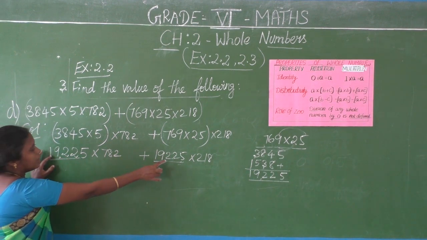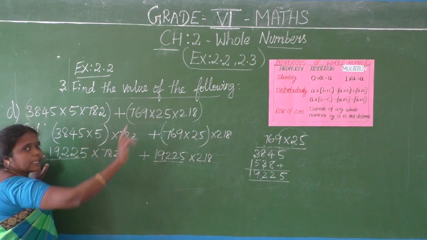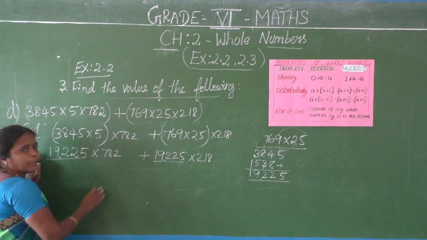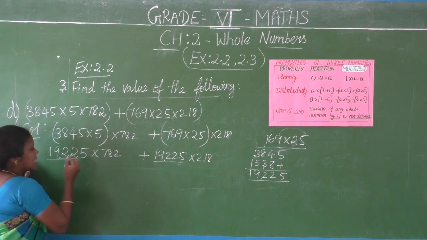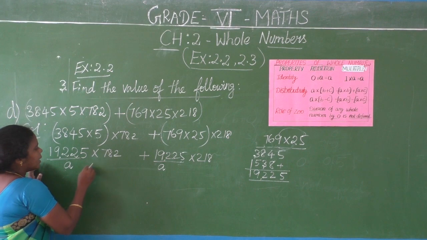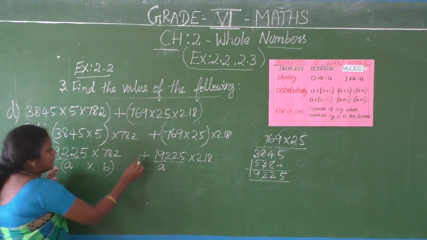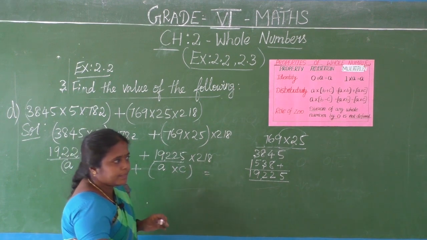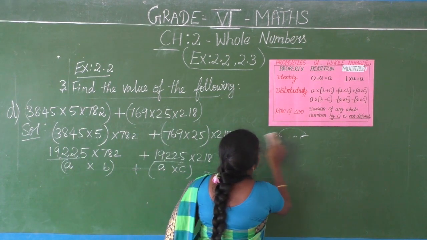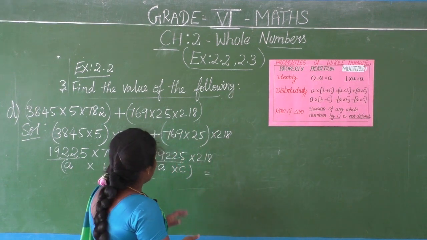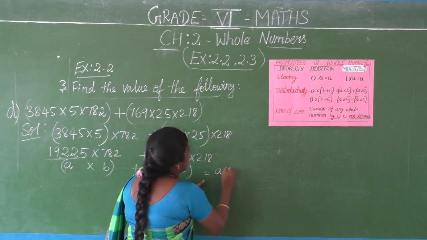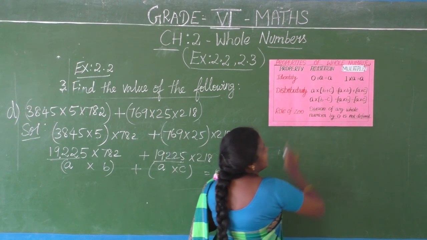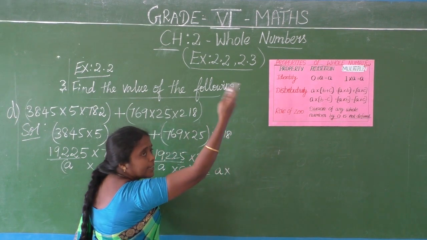Now see, here in the formula A only coming 2 times. Likewise, in our step, this number only coming in 2 places also. So consider this as A. A into B plus A into C is equal to A into B plus C. Our question is matching with the right side part.